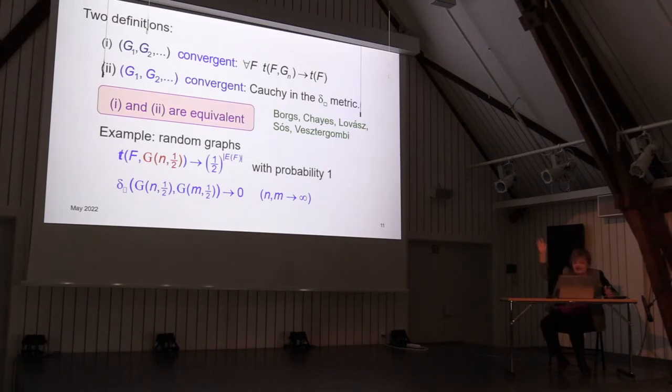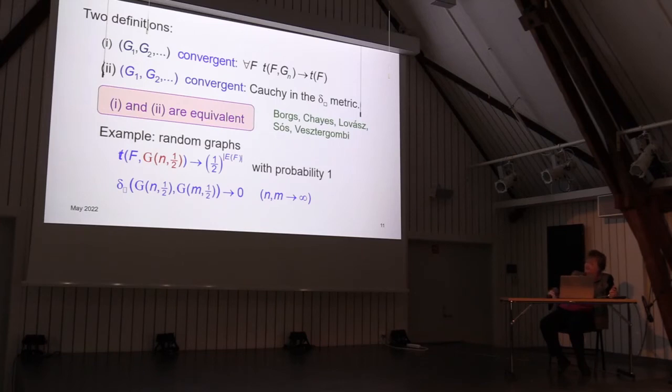Before saying something about the proof, I want to show that with the first definition, the random graph with 1/2 probability goes to this one above.